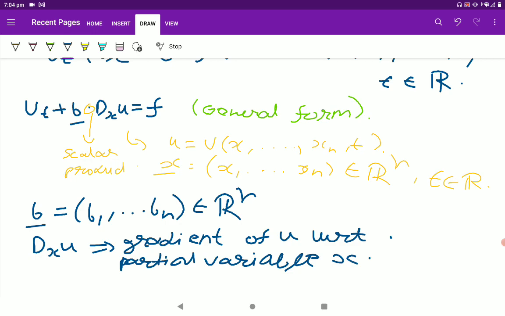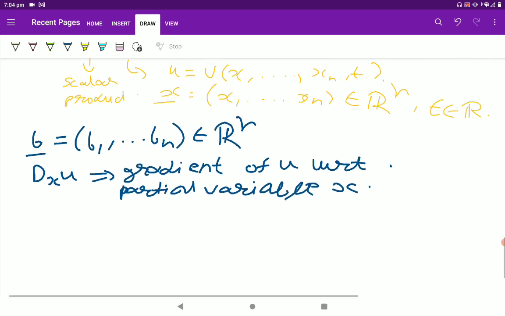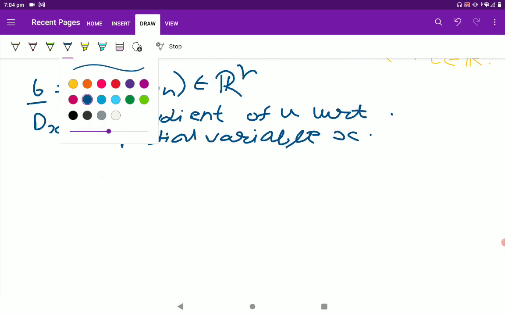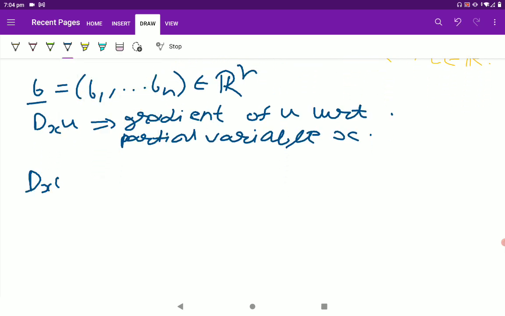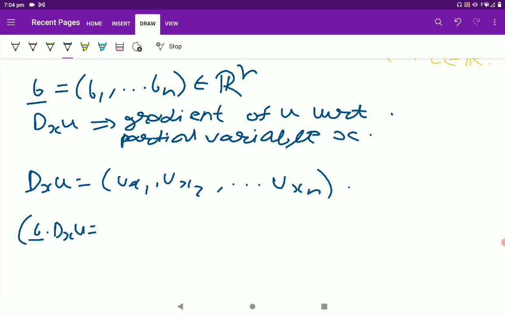So we can write D_x u as (u_x1, u_x2, ..., u_xn), and simply in this format, b · D_x u is equal to b1 u_x1 plus b2 u_x2 plus ... bn u_xn.